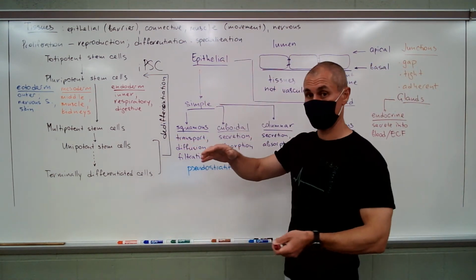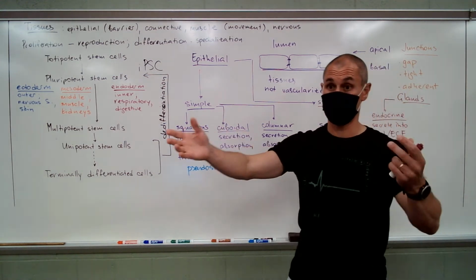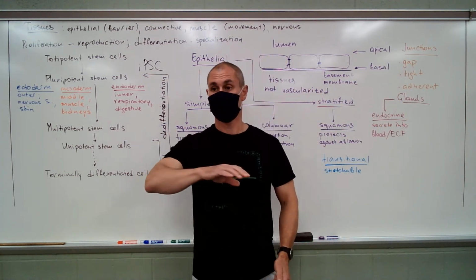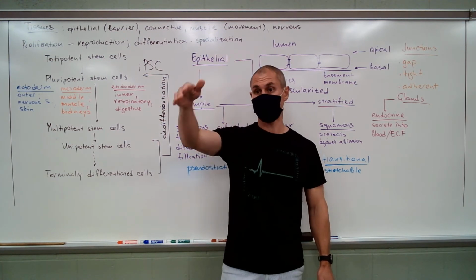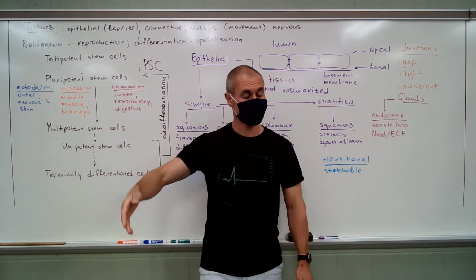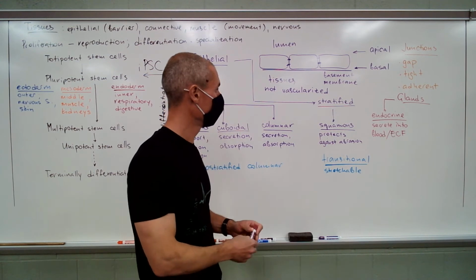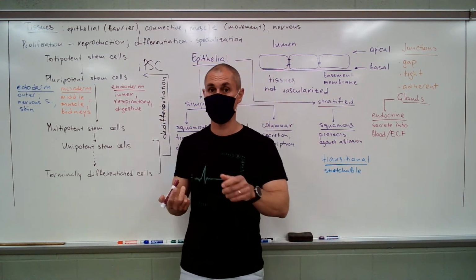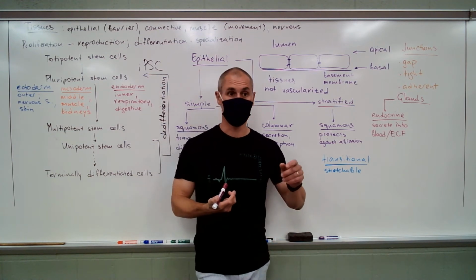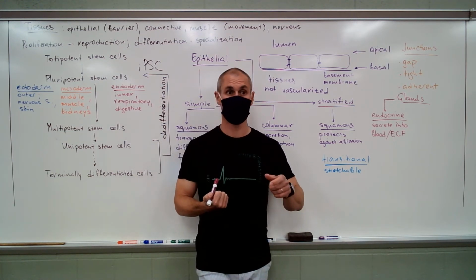You're going to study them in the endocrine system, right? I don't know if you're going to take EP2 with me or not. So examples would be thyroid, pituitary gland, ovaries, testes.